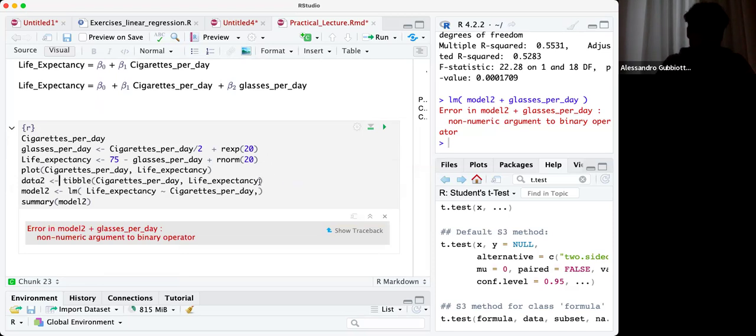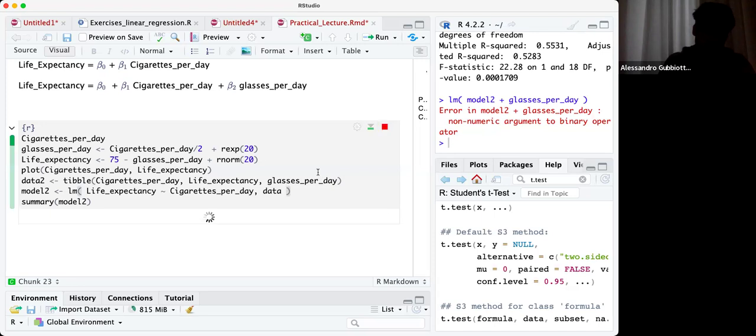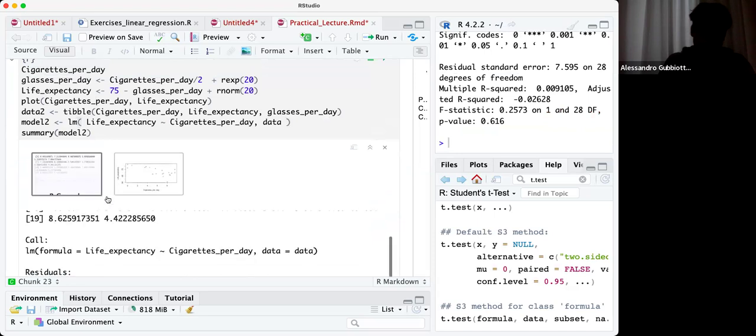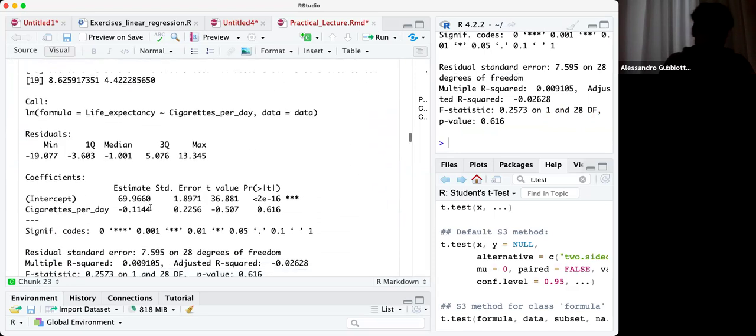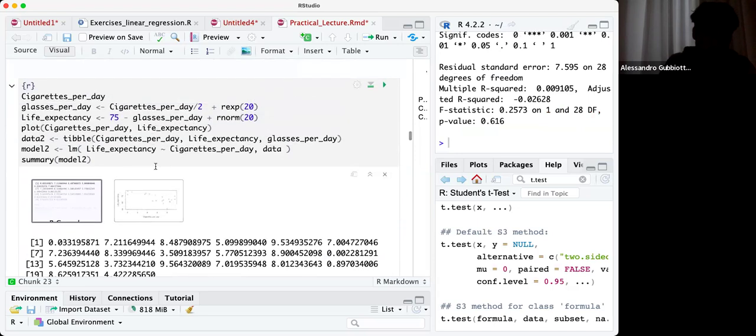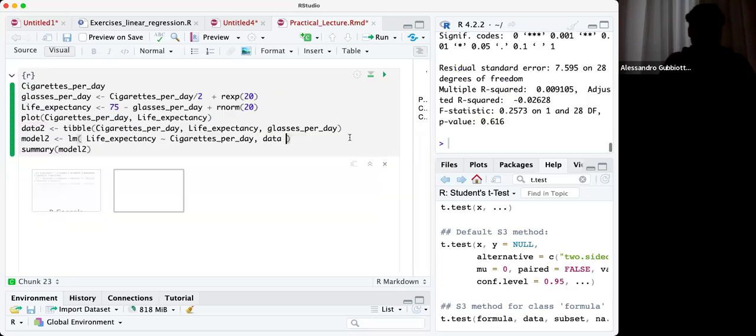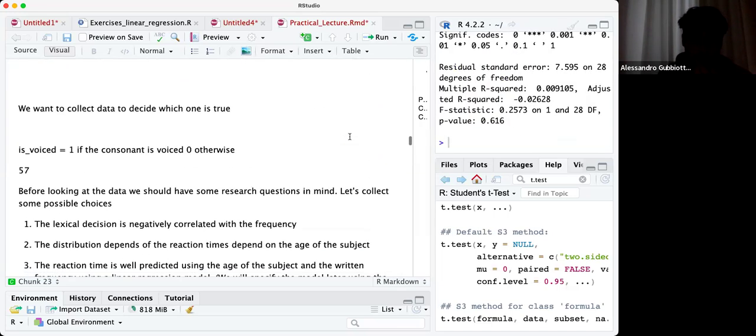And let me also add the glasses per day variable. So this was the model in which we don't take into account the confounder. Okay, maybe let's take some.